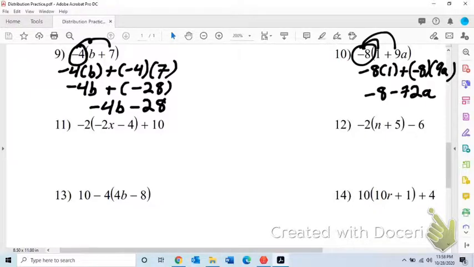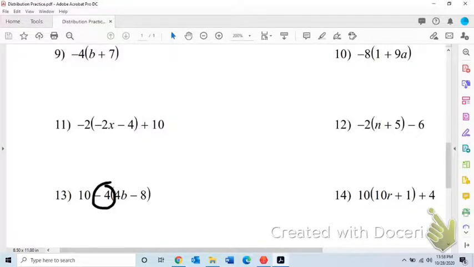So moving on, remember now, numbers 11 on, we need to distribute and then combine like terms. We already did numbers 11 and 12 earlier, so we're going to do number 13. We want to take that negative 4. So we have 10 minus 4 times 4b minus 8. When we distribute, we need to distribute that entire negative 4.